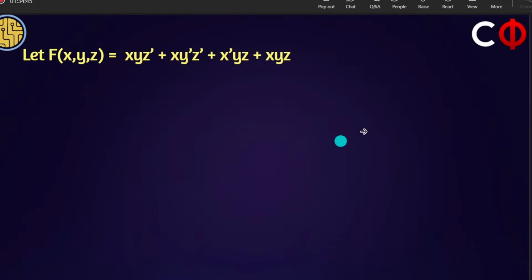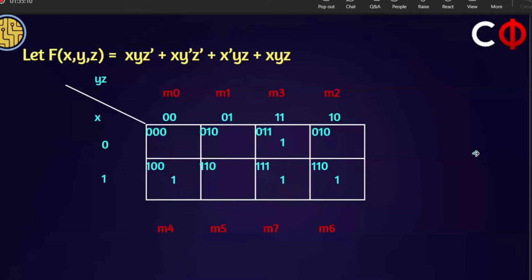So this is the function here. So we'll go and draw the K-map. Since there are 3 variables, you're going to go and use 3D K-maps, right? So each item will be some X or X prime, next Y or Y prime, next Z or Z prime.